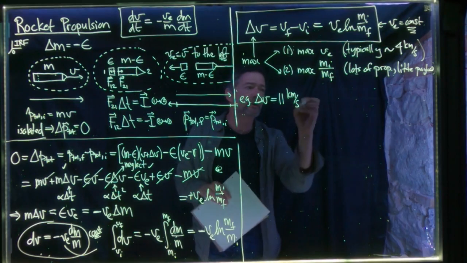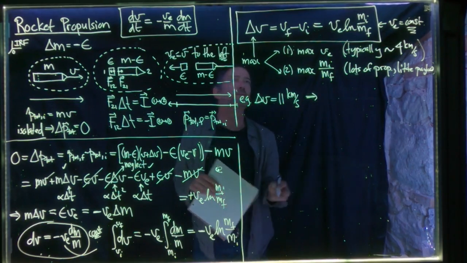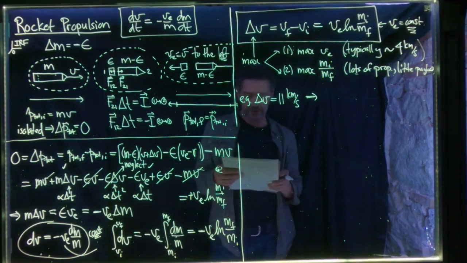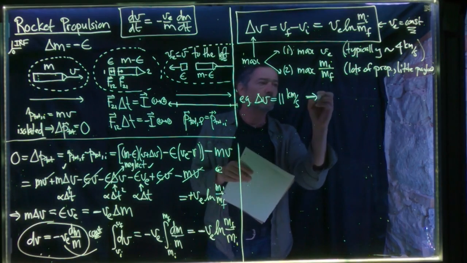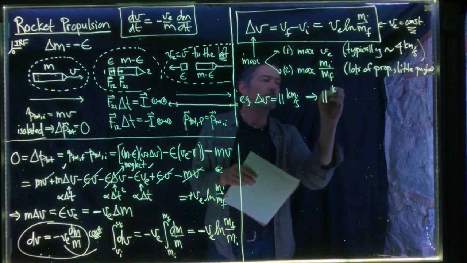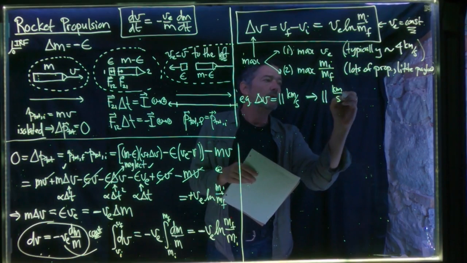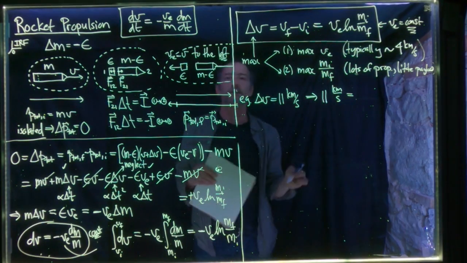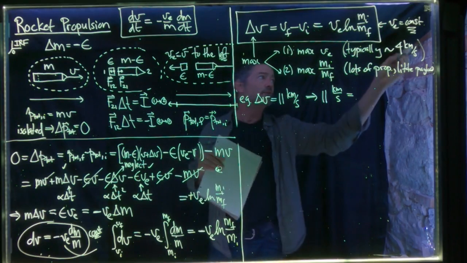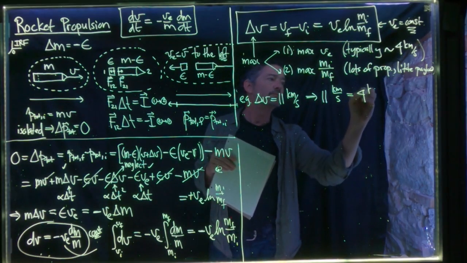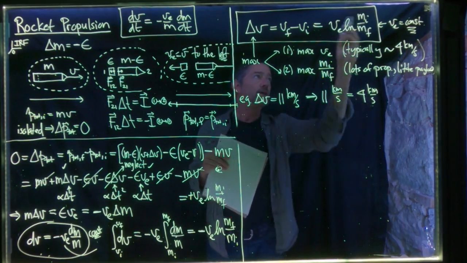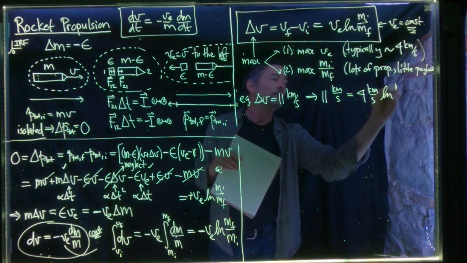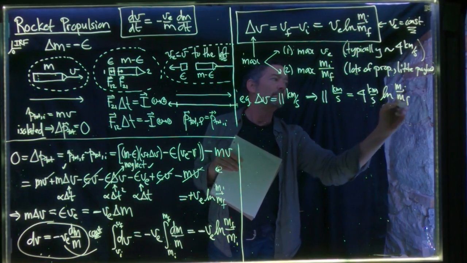And so what does that tell you? It tells you that 11 kilometers per second, that's the delta V, is equal to VE, and suppose we're using a typical value of VE, a typical largest value possible, of 4 kilometers per second, times the log of m initial over m final.